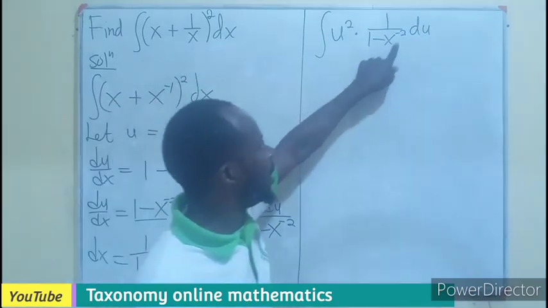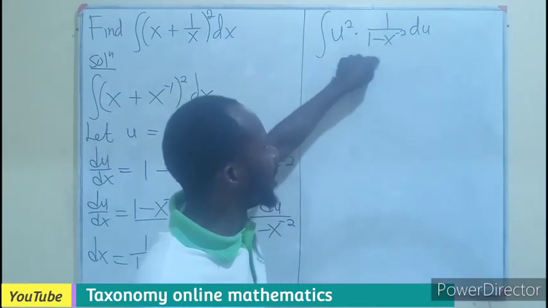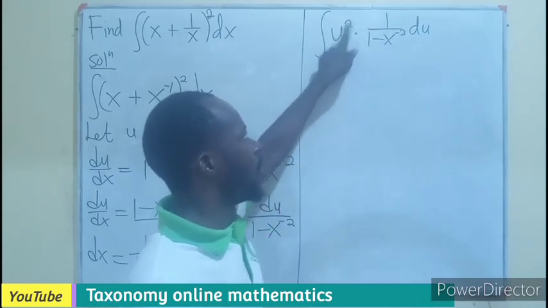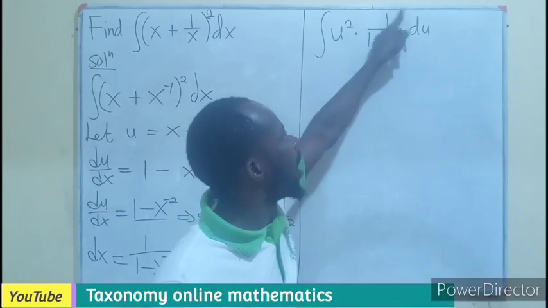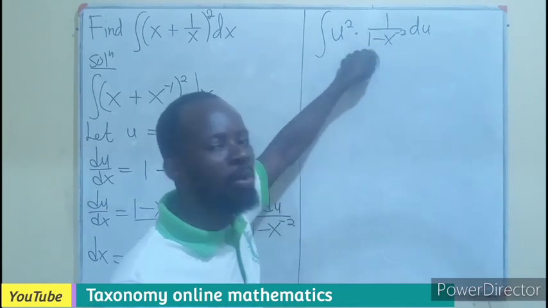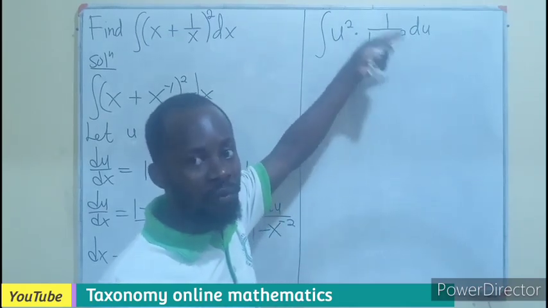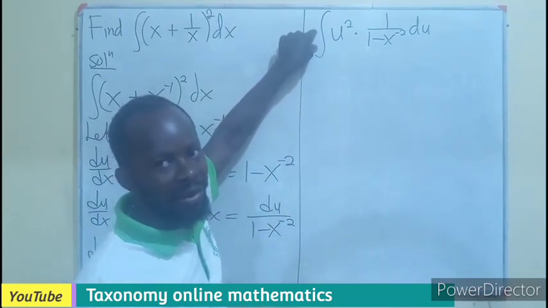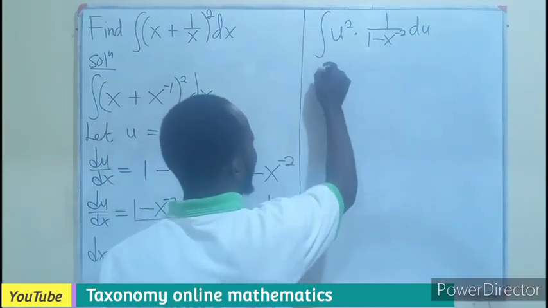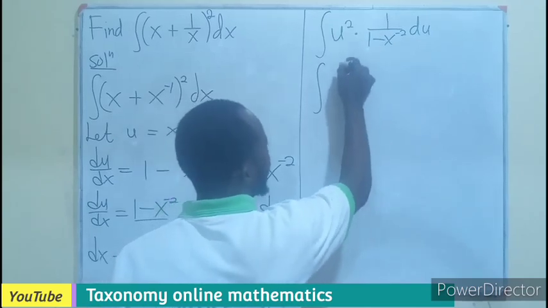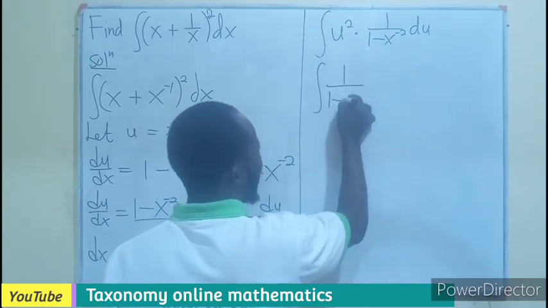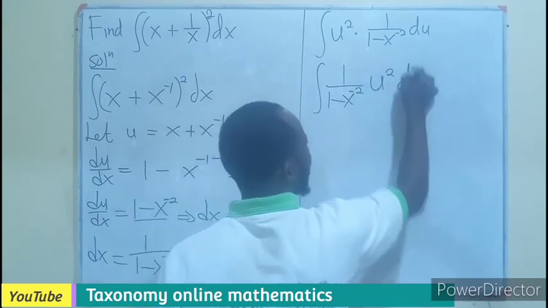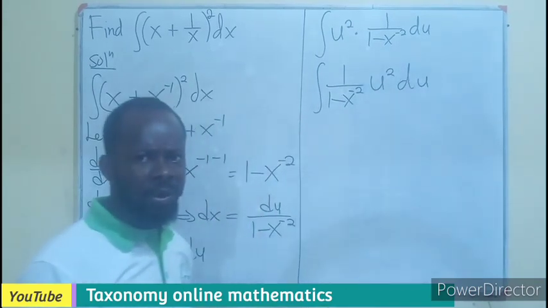We are aware that this is taken as a constant multiplying this, so it can come before the other one, or we can take this as a coefficient, which can also multiply the integral. Or we have the integral of 1 over (1 - x^(-2)) times u squared du.